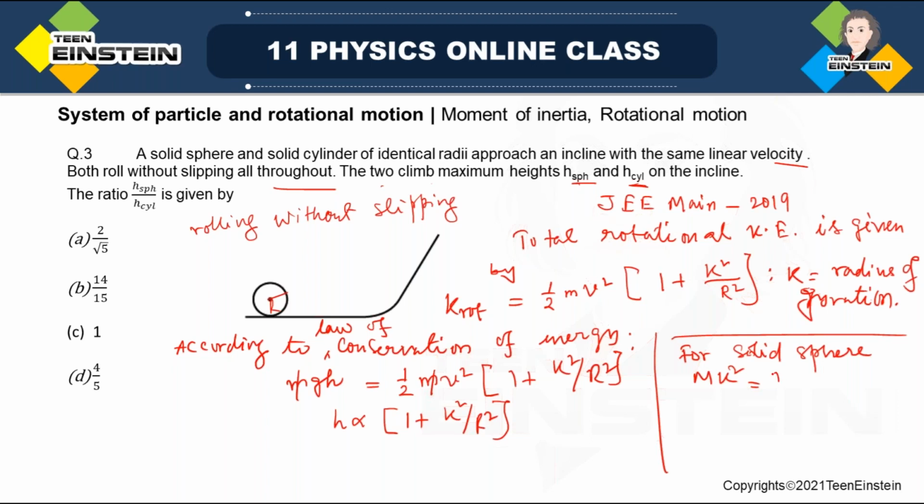See, m k square is equal to 2 by 5 m r square I can write for a sphere. So that is what I'll write in short. So k square by r square is equal to 2 by 5.